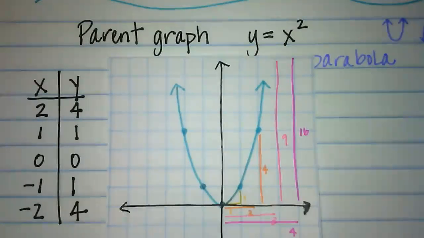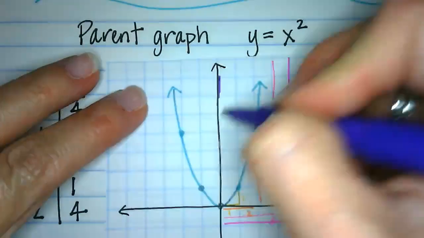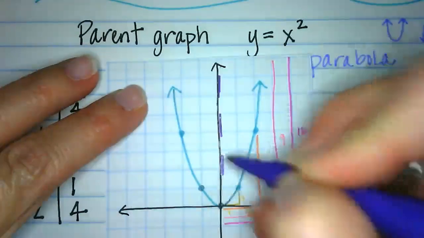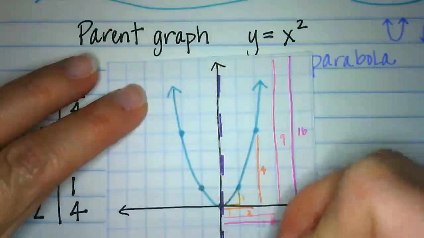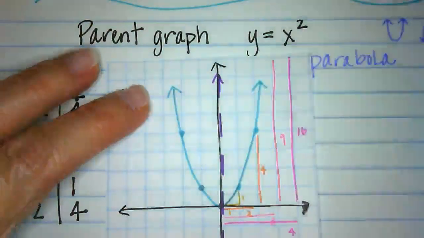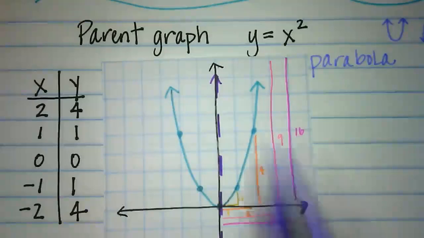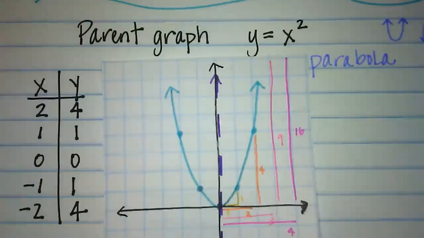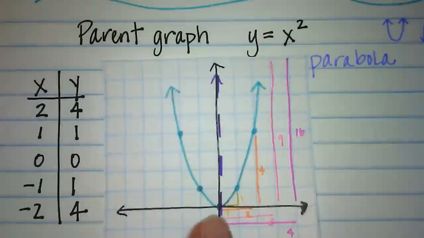Now, we also mentioned that the axis of symmetry is that imaginary line. The axis of symmetry is the imaginary line that runs straight through the middle of the parabola, going through the vertex, and it cuts the parabola in half.